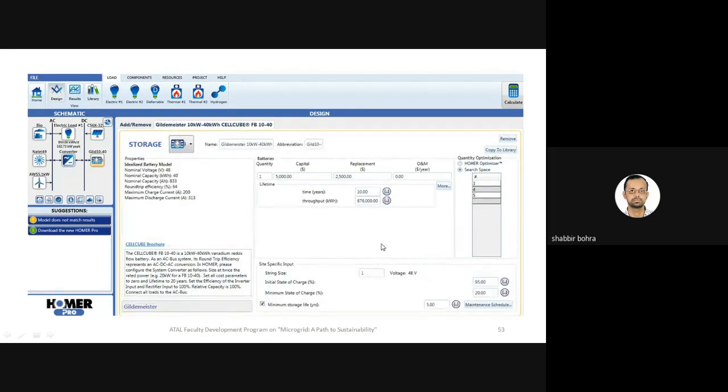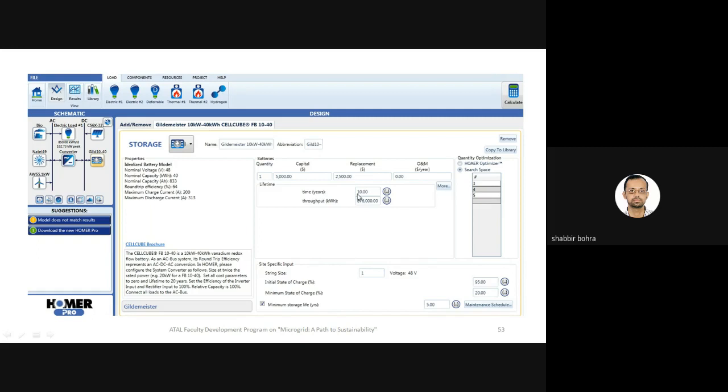The storage is a 48 volt battery. Nominal capacity is 833. Round trip efficiency considered is 64. Maximum charge current is 200. Maximum discharge current is 313. Lifetime of the battery is obviously less than the other electromechanical systems, so it may be even 10 years.